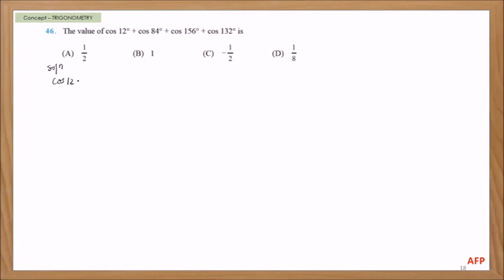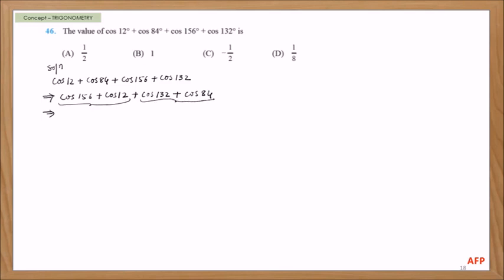cos 12, cos 84, cos 156, cos 132. Okay, we will rewrite all these terms: cos 156, cos 12, cos 132, cos 84. So now we will apply the formula for this part, and we will apply the formula for the second part also.